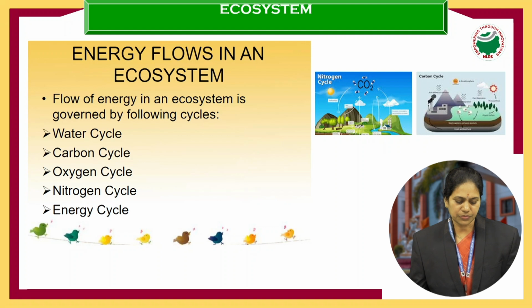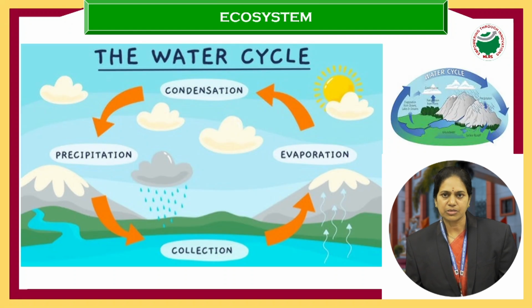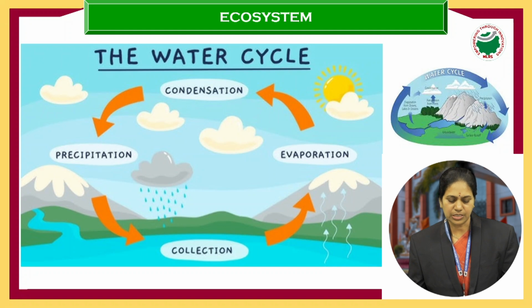Out of these 5, you must have already heard about the water cycle, which plays a very important role. You can see the stages of the water cycle: evaporation, condensation, and precipitation. The water is evaporated, then condensed, then precipitated, and there is rainfall.